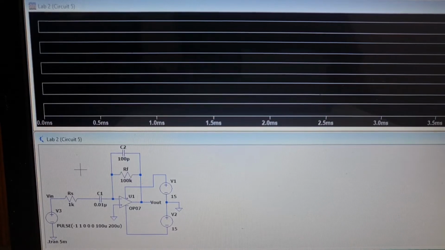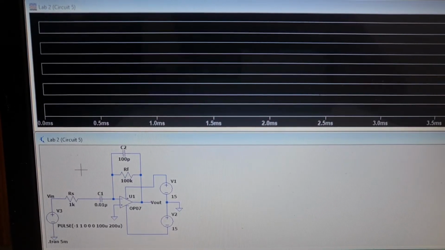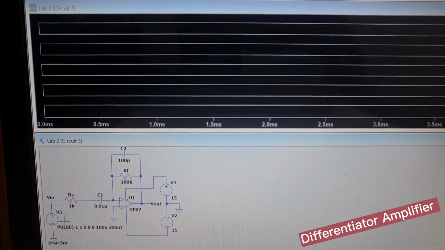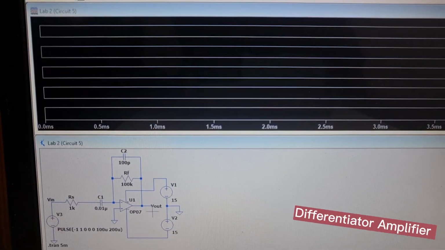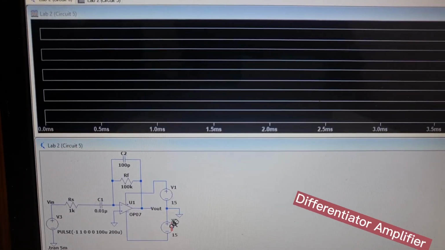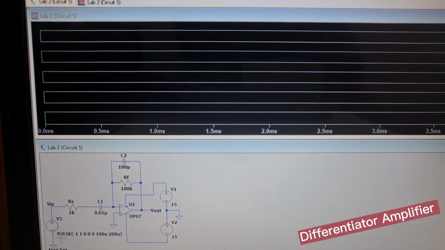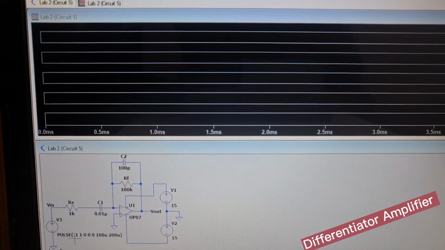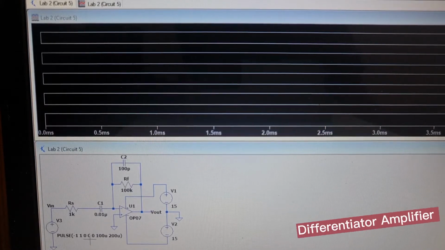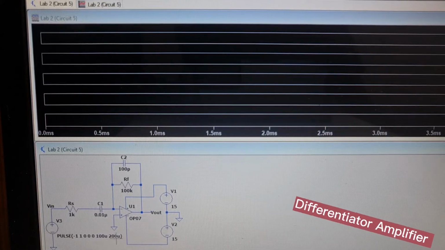So this is the differentiator amplifier circuit. This circuit consists of 3 power sources as well. V1 here, which has 15 volt, V2 here, which has 15 volt, and V3 here, which is pulse based, which has the value of negative 1, 1, 0, 0, 0, 100 micro and 200 micro.